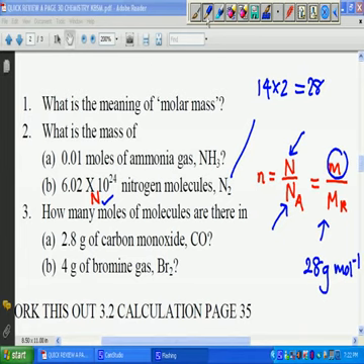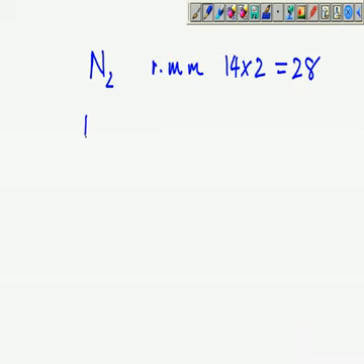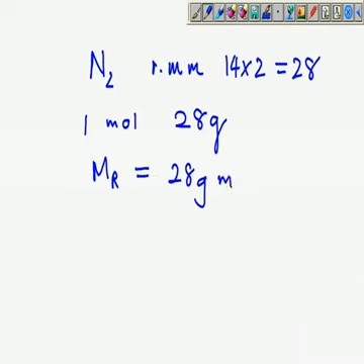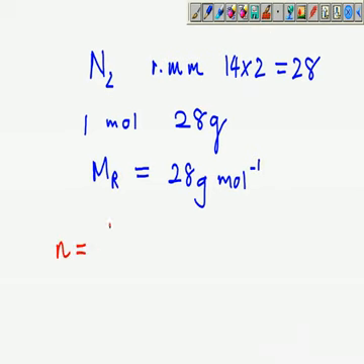Alright, so we go to the whiteboard. The RMM, to be more exact, is actually 14 times 2, 28. But in 1 mole, I must have 28 gram. So the official molar mass of nitrogen gas is 28 gram per mole. Now, the formula: number of mole is number of particles over Avogadro's constant.